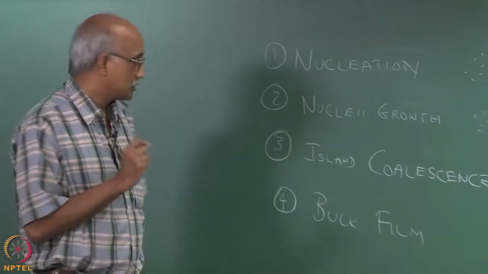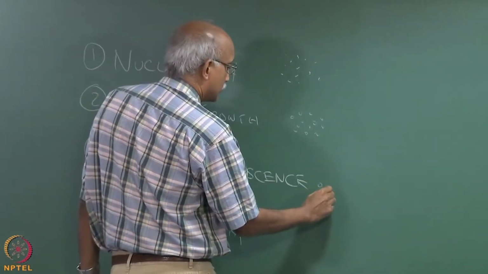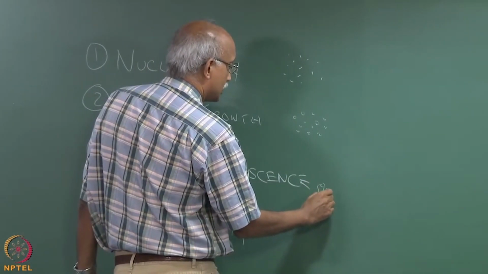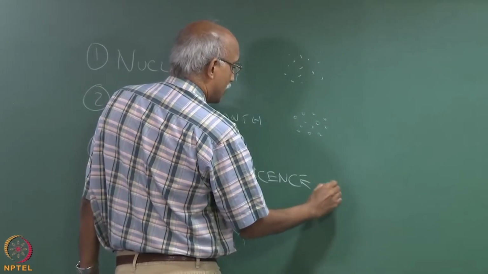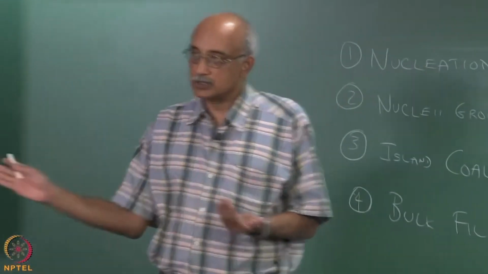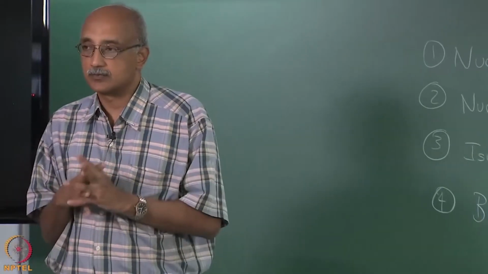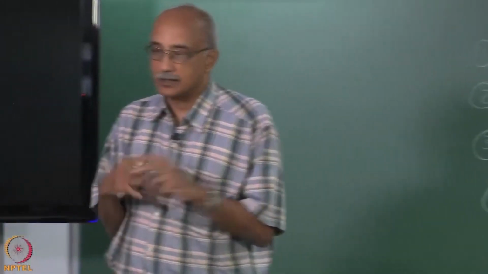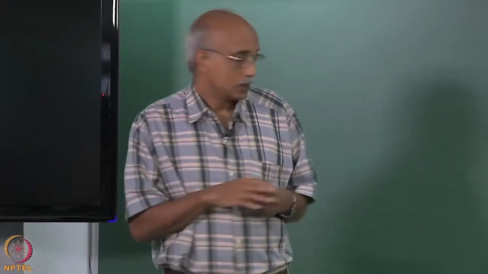The third stage, island coalescence, is where a few of these start finding each other as they grow large enough and forming these islands, which is still not a continuous film, but now you are starting to form clusters of molecules attaching together to form these isolated and very, very short films.